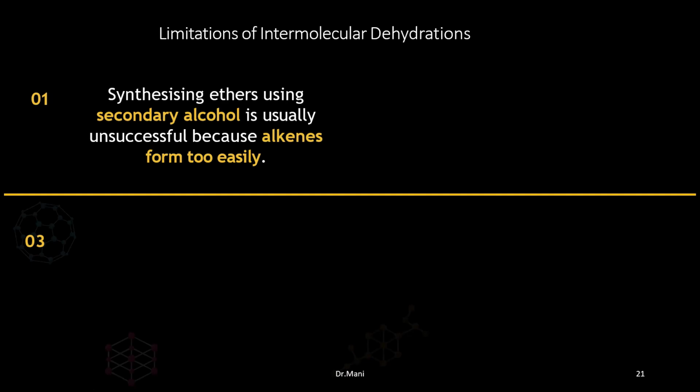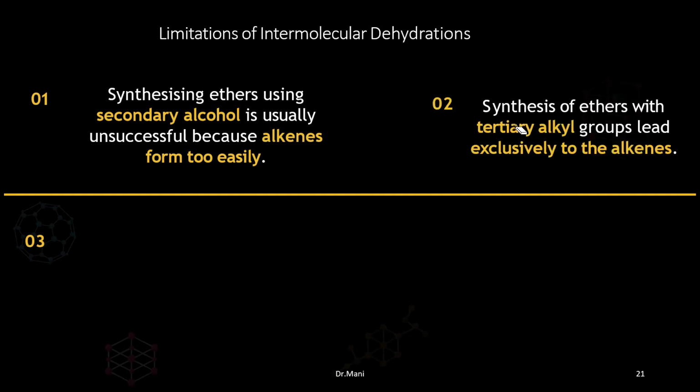Second one, synthesis of ethers with tertiary alcohol groups leads exclusively to the alkenes. See, with secondary alcohol, you might have a chance to form the ether. But if you use the tertiary, there is no possibility at all to make the ether. If you are using the tertiary, it is completely favorable for alkene, compared to secondary and primary.